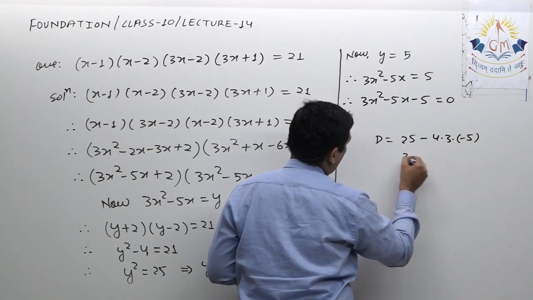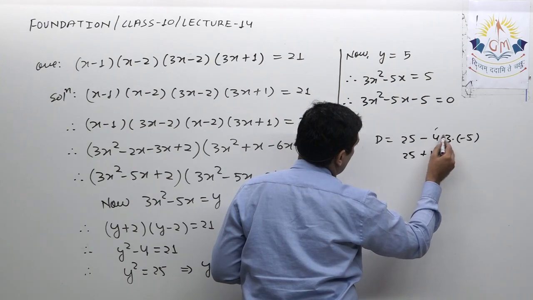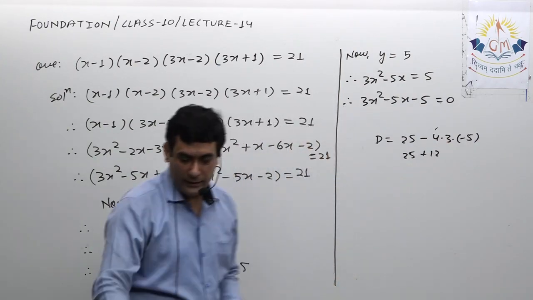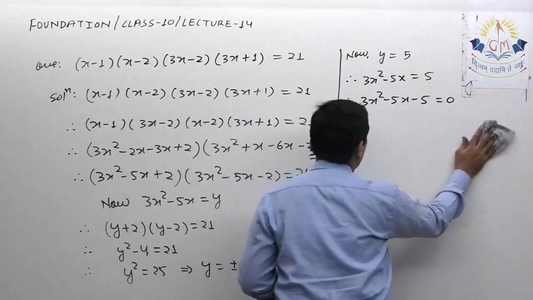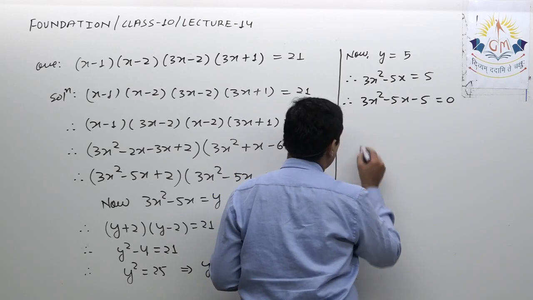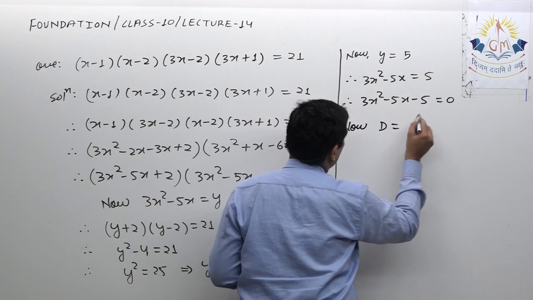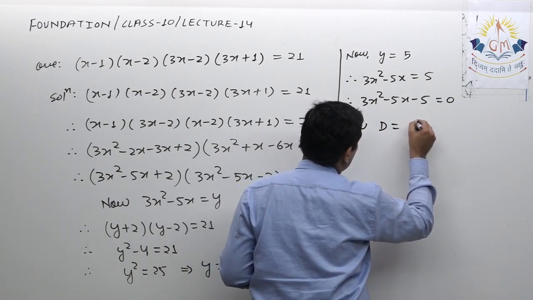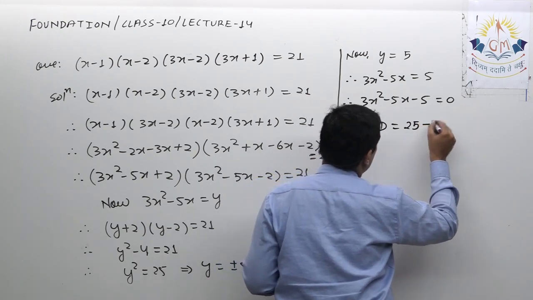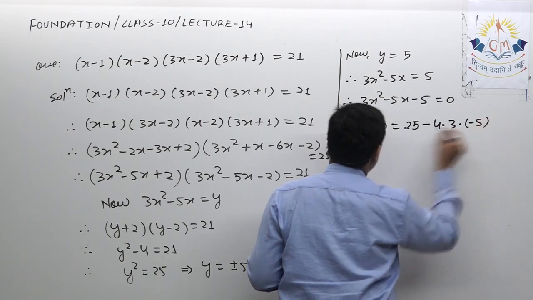So 25 plus... definitely D is not 0. Now D is equal to b square, that is 25 minus 4 into a into c.